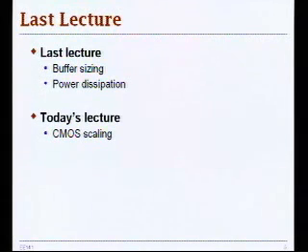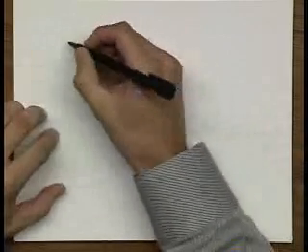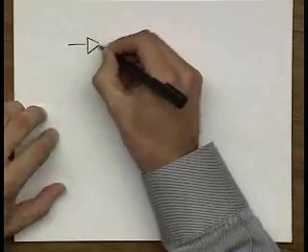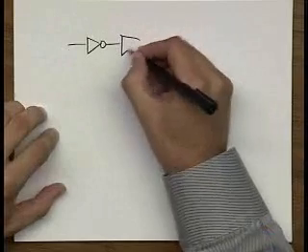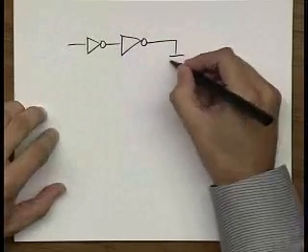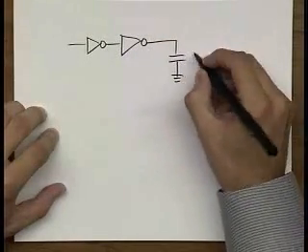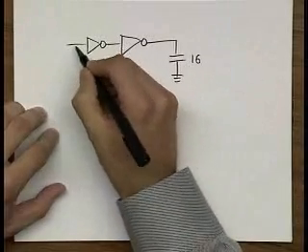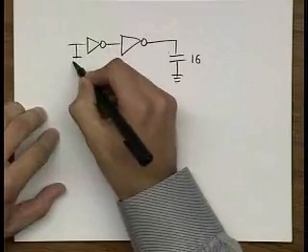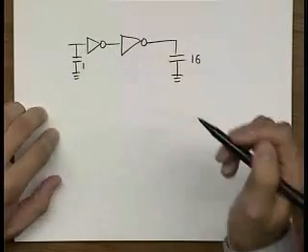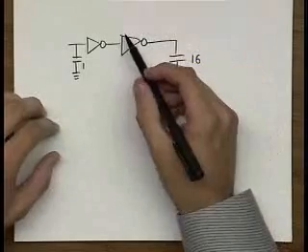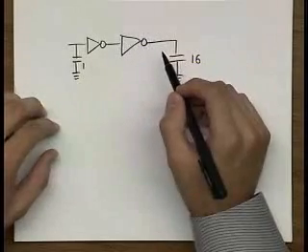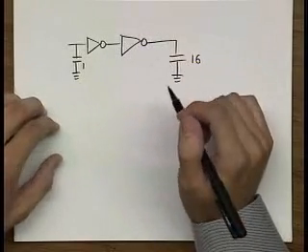But let me first finish with the buffer sizing stuff that we discussed last time. What we concluded is, if you have a buffer chain problem and you have to drive a certain load capacitance, let's say you have 16 over here, and you assume that your input is fixed at 1, then the question is, what is the optimum sizing factor of the gates in the chain such that you minimize your propagation delay?